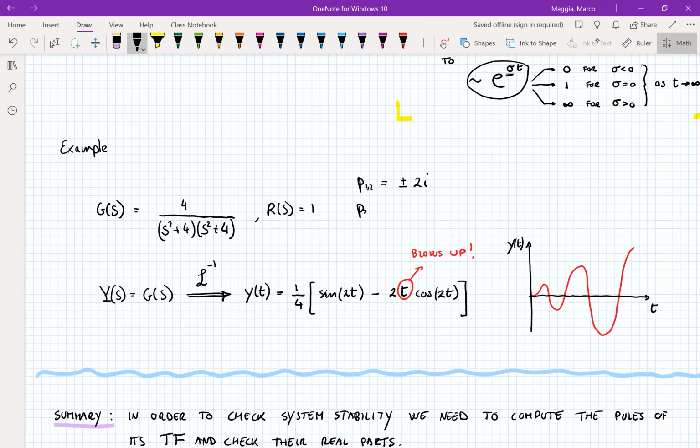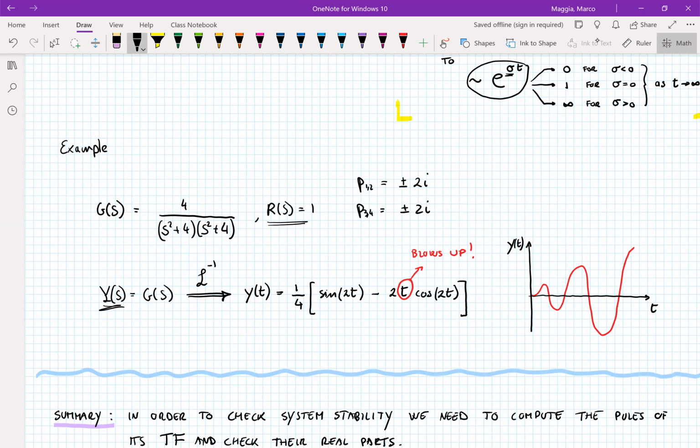But then we have P3 and 4 that are also equal to plus or minus 2i. So we have imaginary poles with multiplicity equal 2.